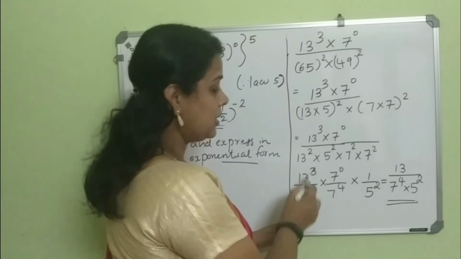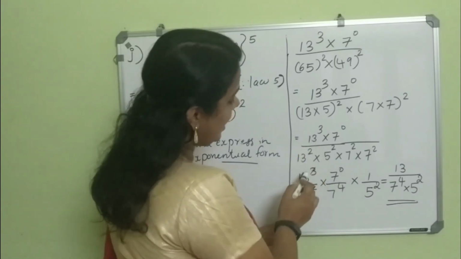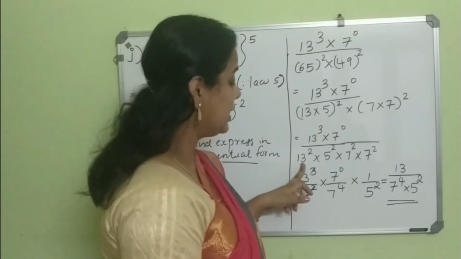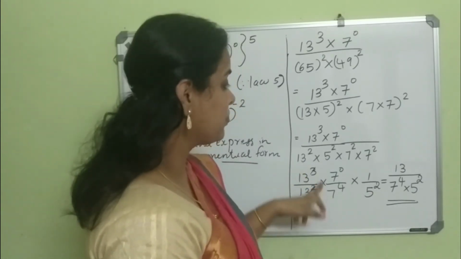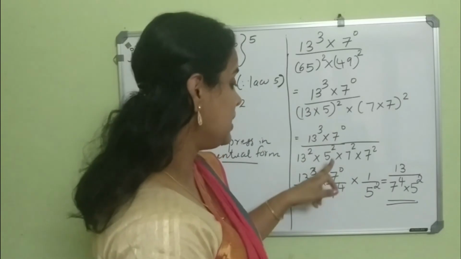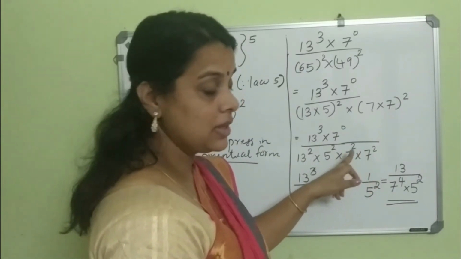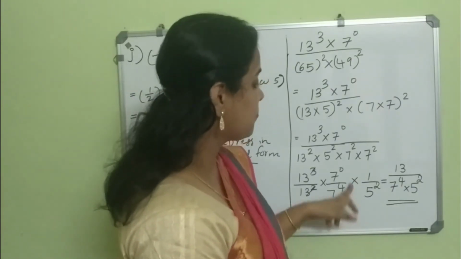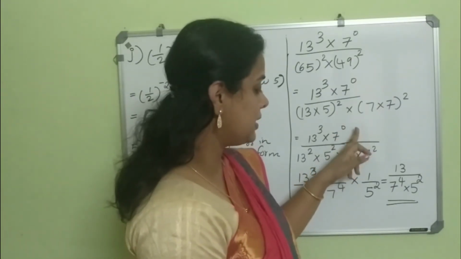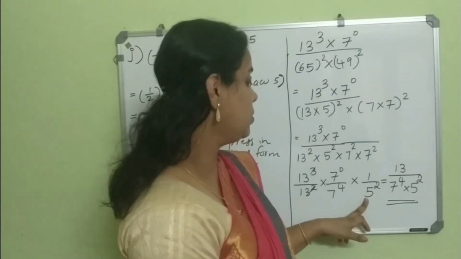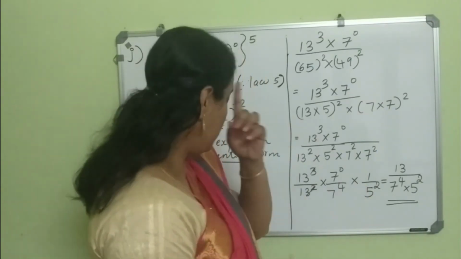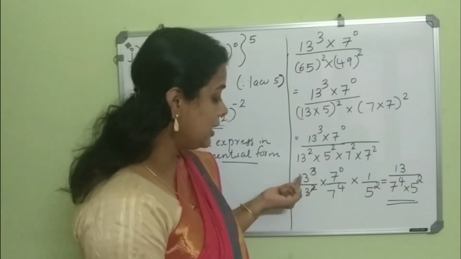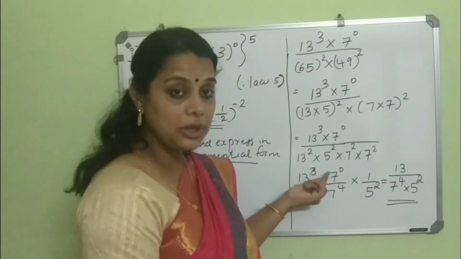Numerator we have 13 cube divided by, what is there down? 13 square into 7 raised to 0 by 7 raised to 4 we have. 7 square into 7 square is 7 raised to 4, into 1 by 5 raised to 2. Now, listen children, we need to do the cancellation. Here 13 cube means 13 into 13 into 13.